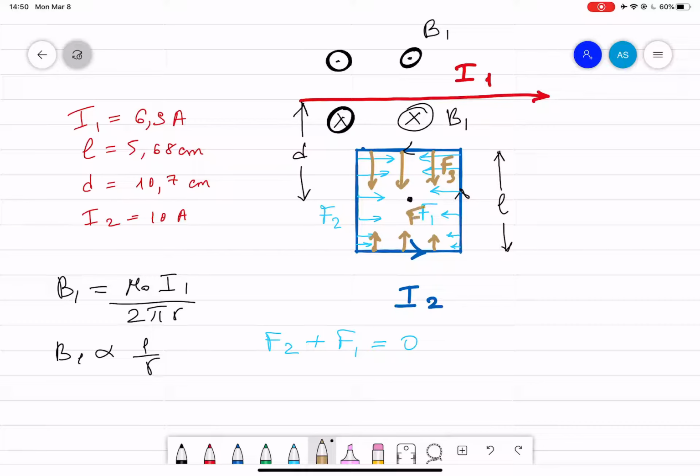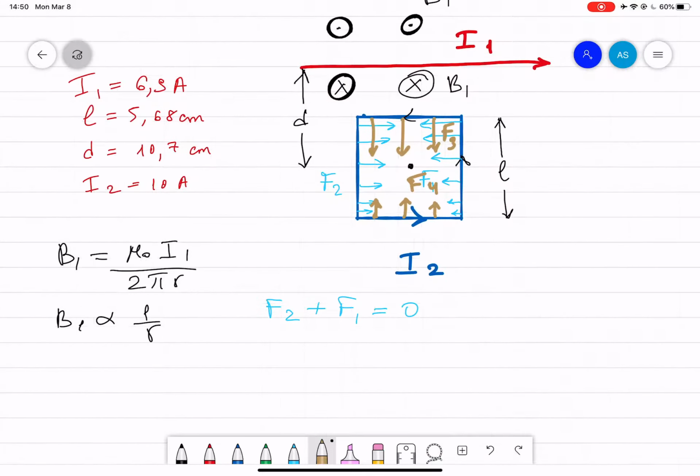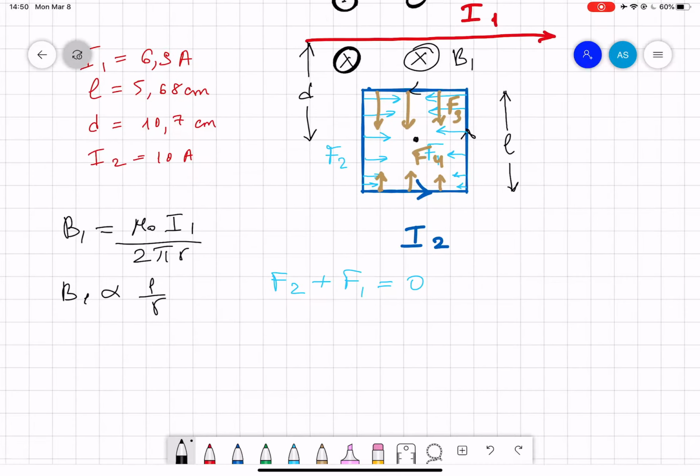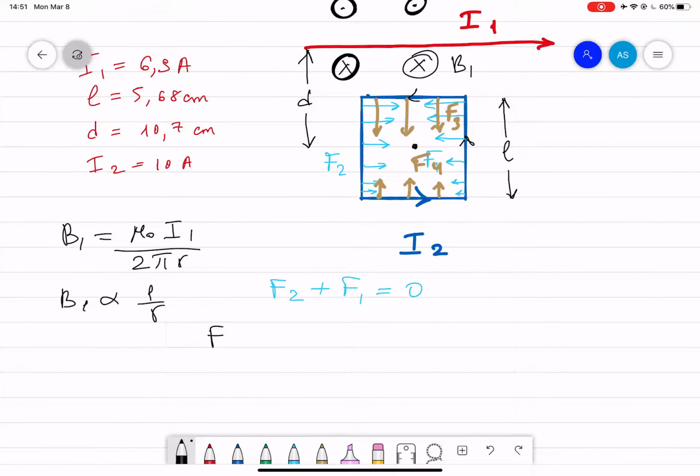This one I call F4. So we can say that F net is equal to, whatever is pointing downwards I call negative, whatever is pointing up I call positive, so negative F3 plus F4.